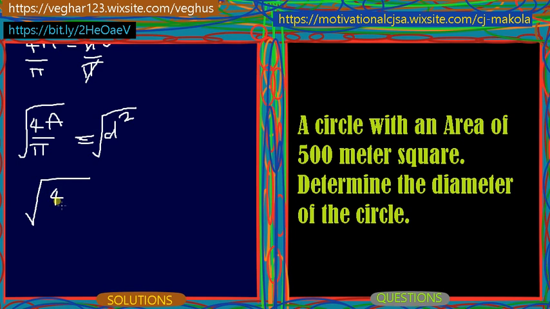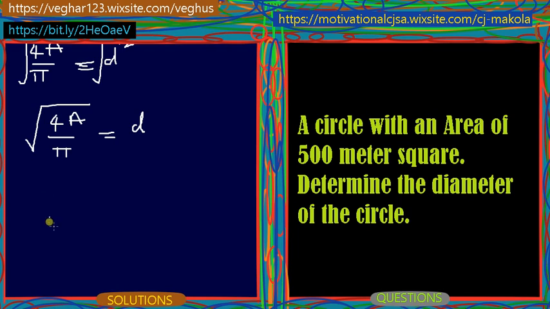So we'll have the square root of 4a over pi equals d, and then you have d as the subject of the formula. It's still the same thing, we just rearranged it to make it simpler to calculate, because we are looking for a diameter.